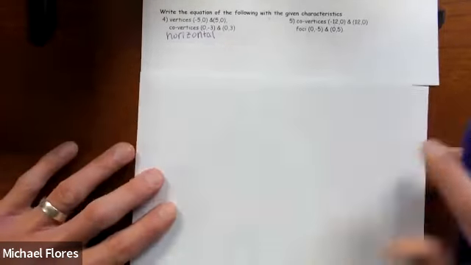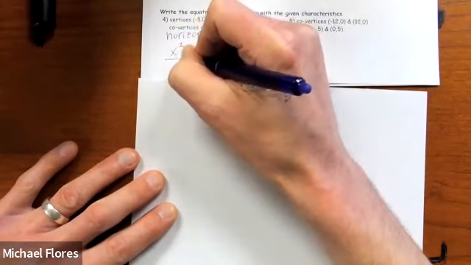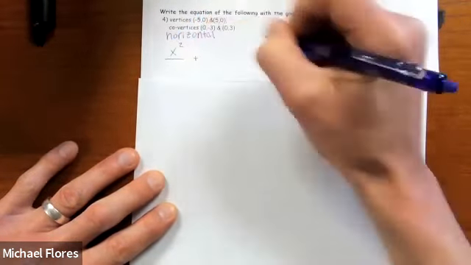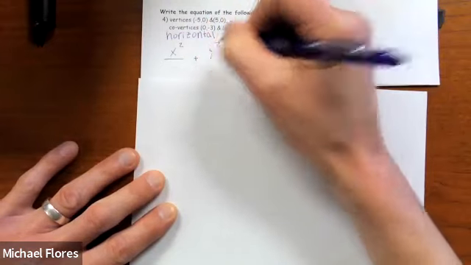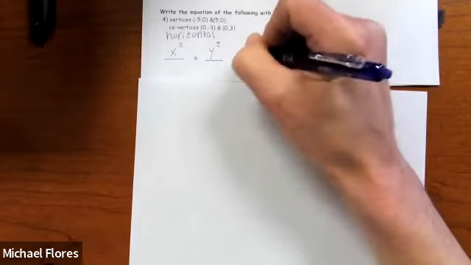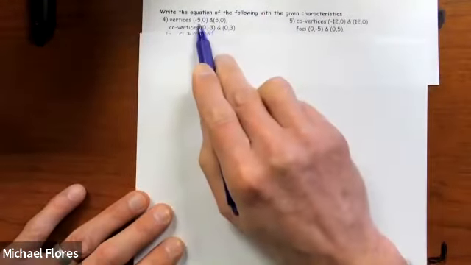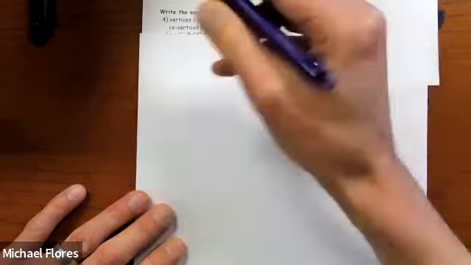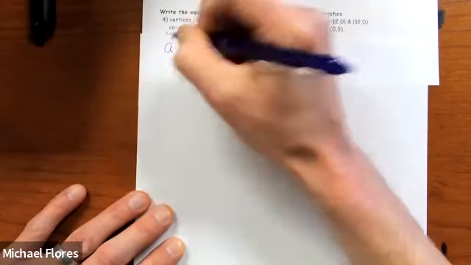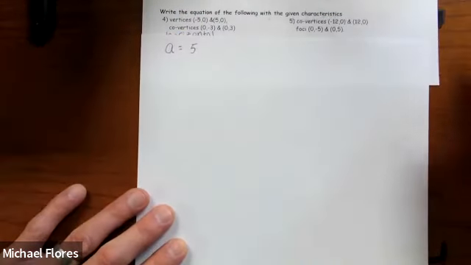Meaning our a squared value is going to be below the x portion. So we know we're going to have x squared over something plus y squared over something is equal to 1. Since our a value is 5, it is 5 units of space away from our center.